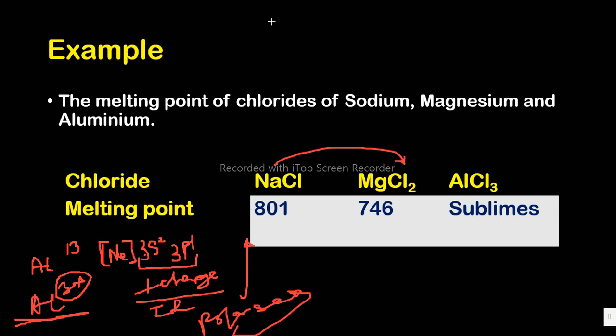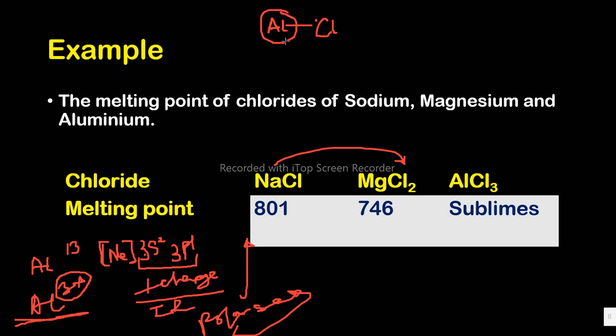When aluminium forms an ionic bond with another non-metal such as chlorine, having a high polarizing power, it will greatly distort the electrons on this chloride.